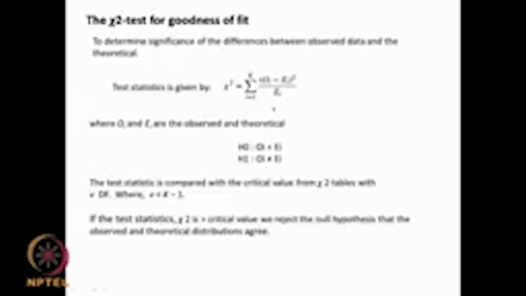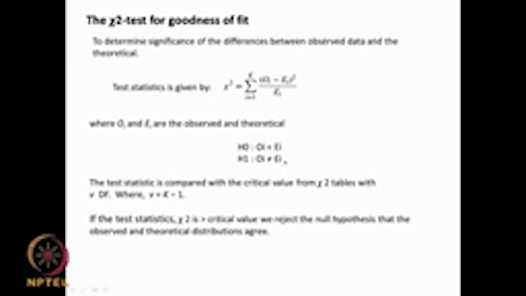Then we can use this for testing goodness of fit. I observe something, but I expect something: observed minus expected, squared, divided by expected, added up. Here the null hypothesis is observed equals expected, alternate is observed is not equal to expected.